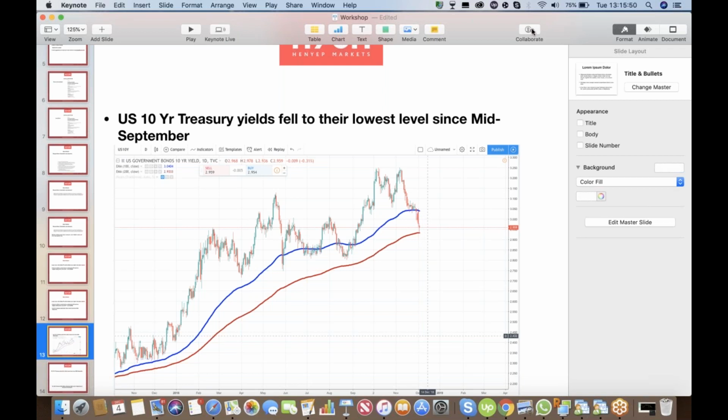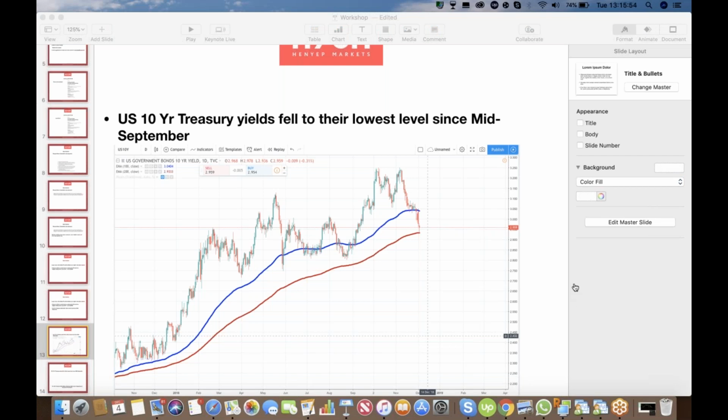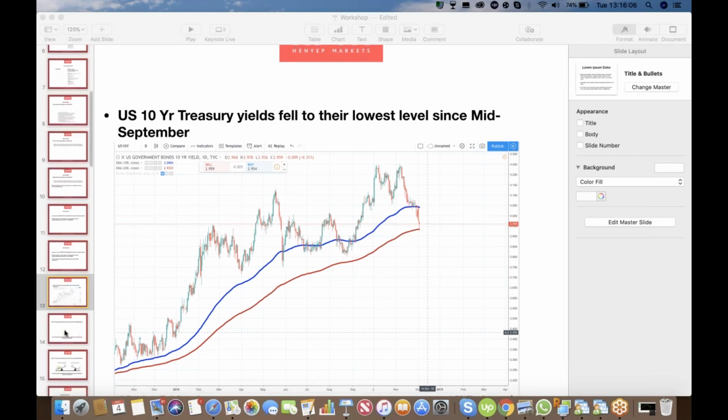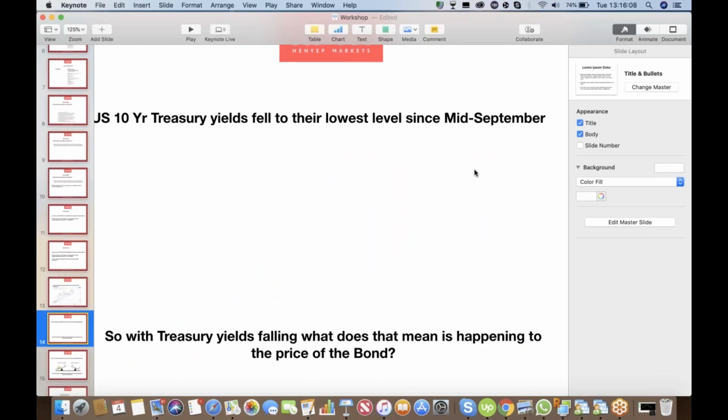I'll just see what we're currently at with the 10-year. I've got minus 0.7% there. So they are falling. Okay, so this is where we start to put things together.